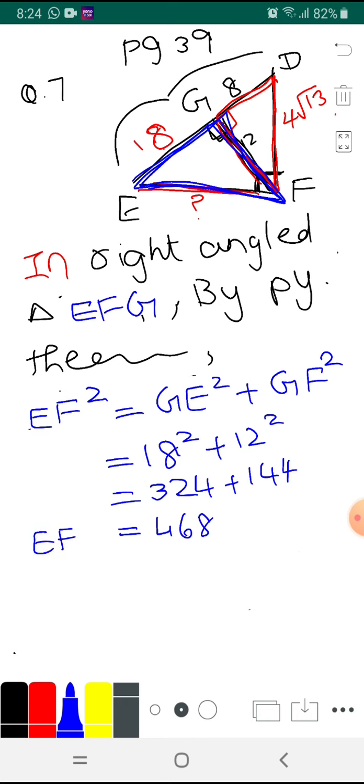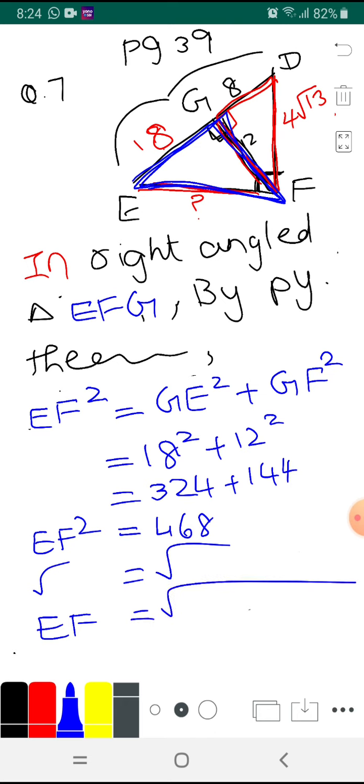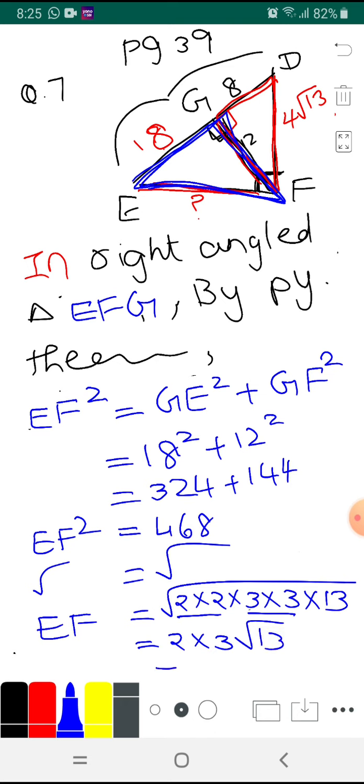Again the same way we have to take square root on both the sides. 468 is not a perfect square, so again factorize it. 2 into 2 into 3 into 3 into 13. So 2 and 3 will come out, 13 will remain as it is. So we are getting the answer as 6 root 13 units.